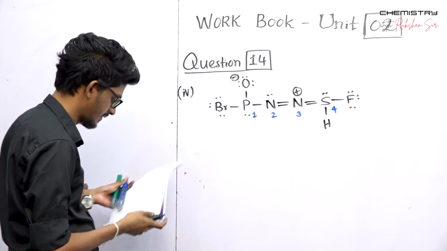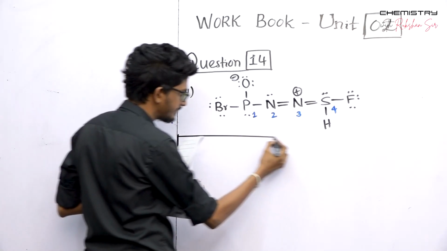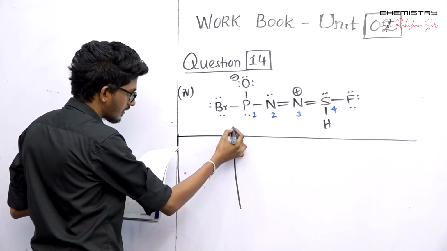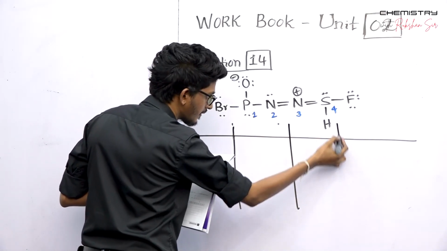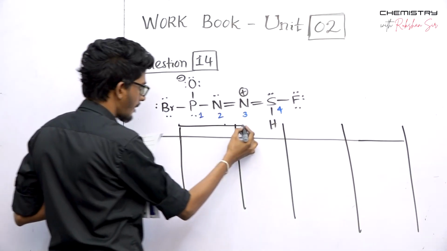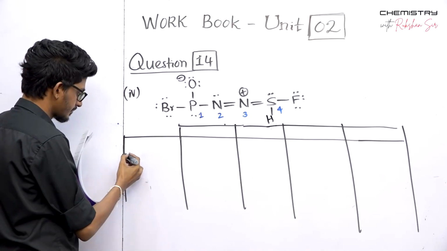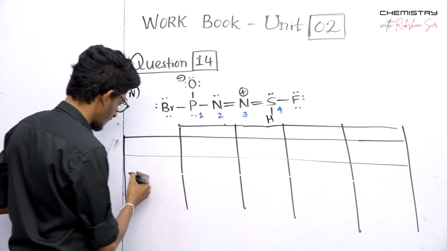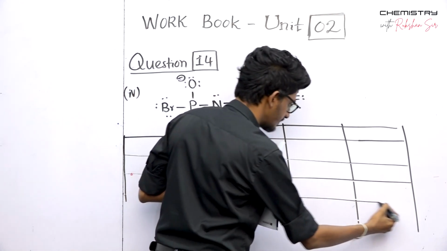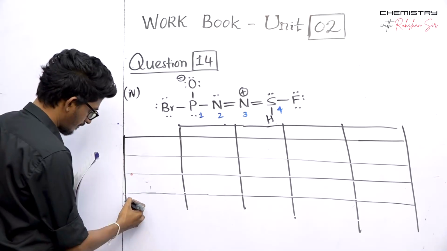So we have a table to fill. Quickly draw this table for those atoms. 5 of those.